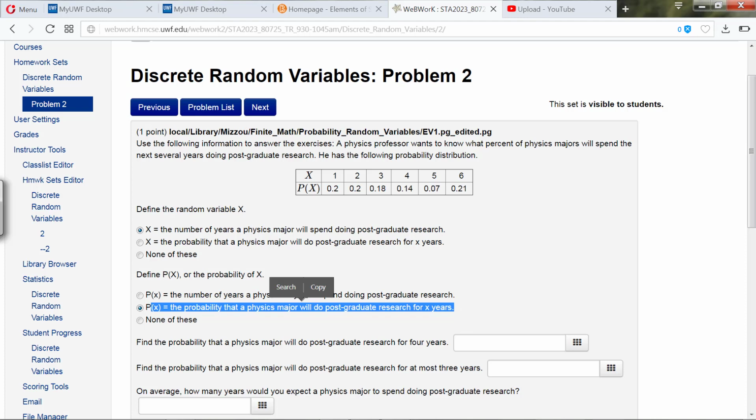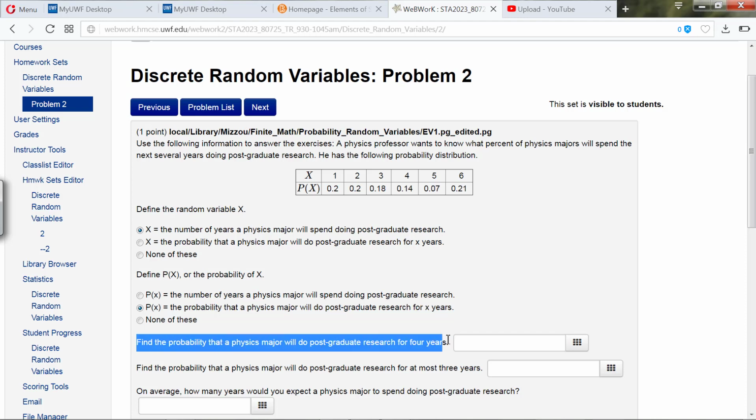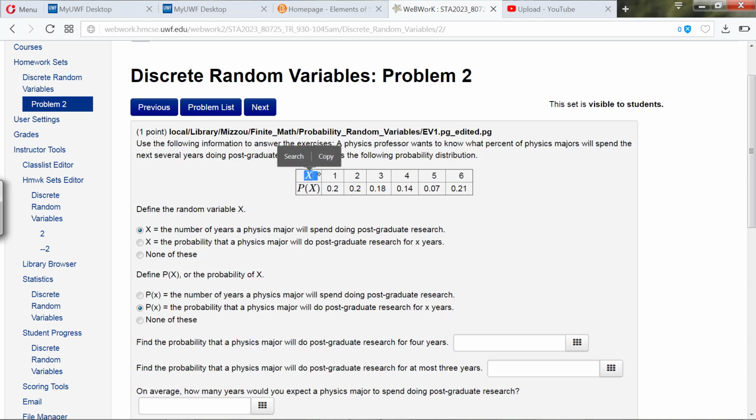The next question is find the probability that the physics major will do postgraduate research for 4 years. So to solve that, we identify X, and X is going to be equal to 4. We want to know what is the probability that the physics major will do postgraduate research for 4 years.